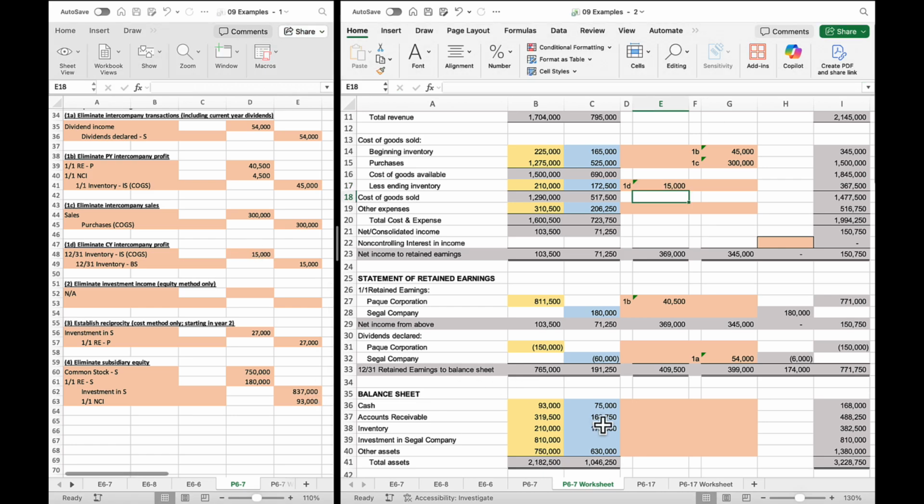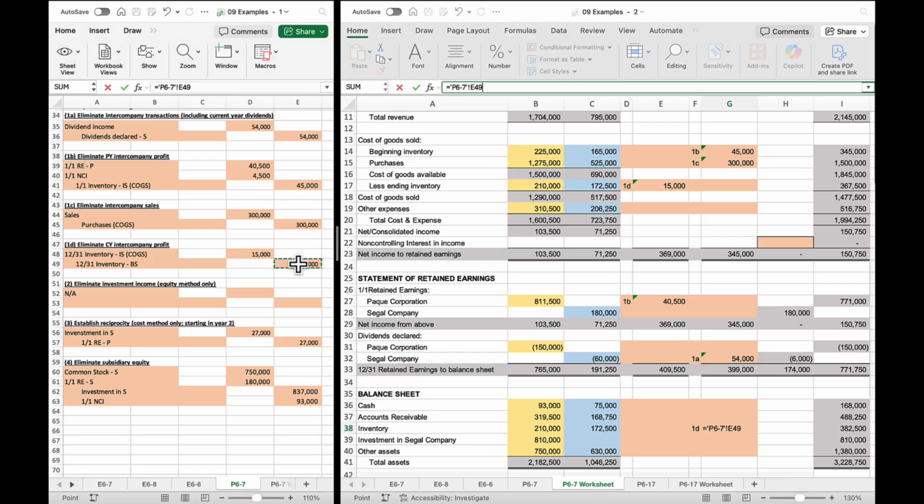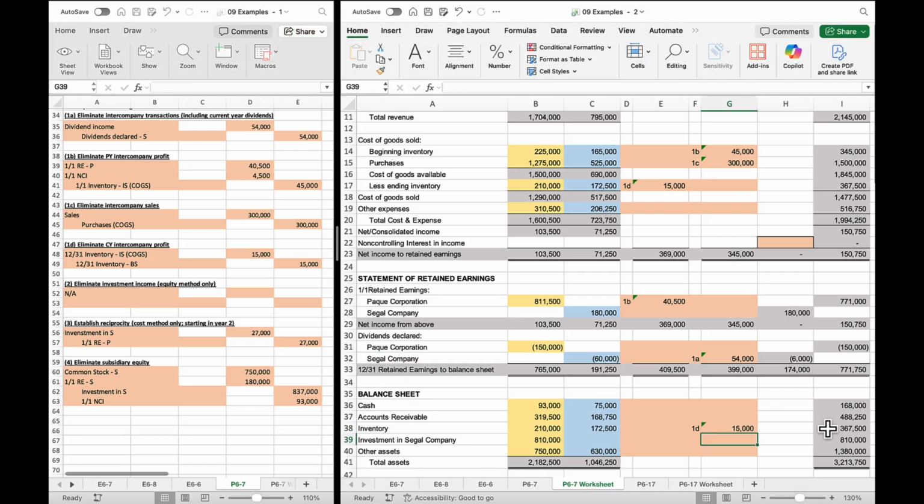And then we are going to also credit inventory on our balance sheet on line 38 for the same amount. And so we see that our inventory got written back down to where it was before it switched from our subsidiary column to our parent column.